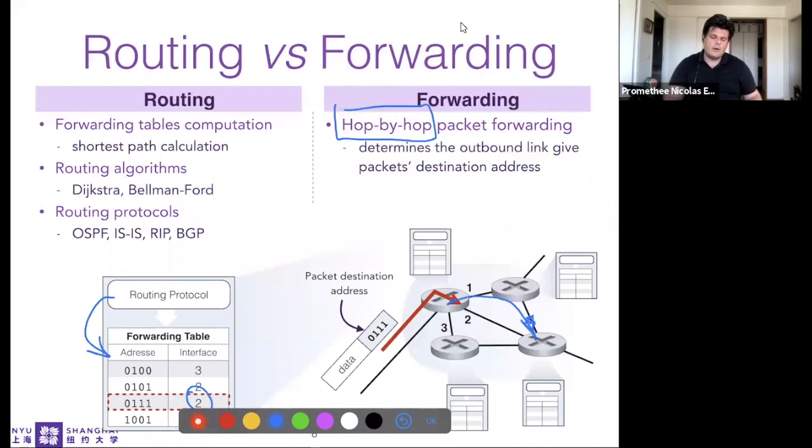You can have either the interface or the next hop router; the two are the same. The table is the result of using some algorithms in combination with the protocols, because the protocol feeds the algorithm with information related to the topology so that the algorithm can run.